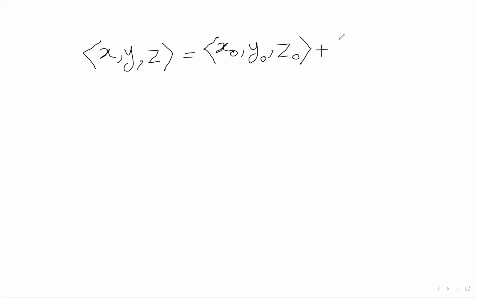Okay, so far we know that the vector equation of a line, a point x, y, z is on a line if it can be written in the form of some given vector x0, y0, z0 plus t times some position vector, which gives us the direction of the line.